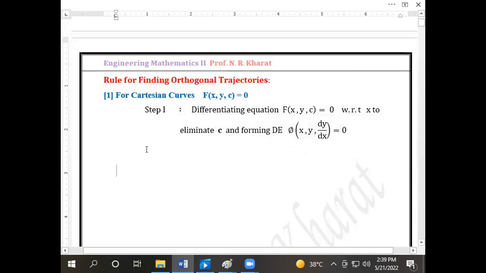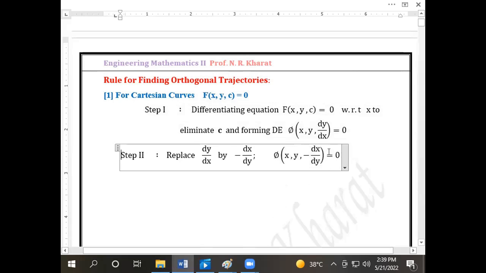It means in step number one, we are performing the formation of the differential equation, simply by removing the constant. In step number two, we have to change the derivative terms. The dy by dx is replaced by minus dx upon dy, and the new equation is obtained by replacing dy by dx with minus dx upon dy.